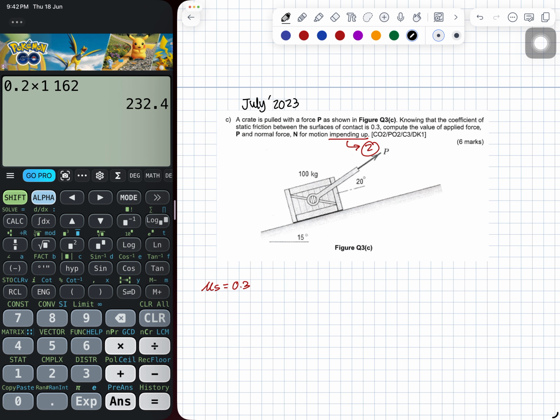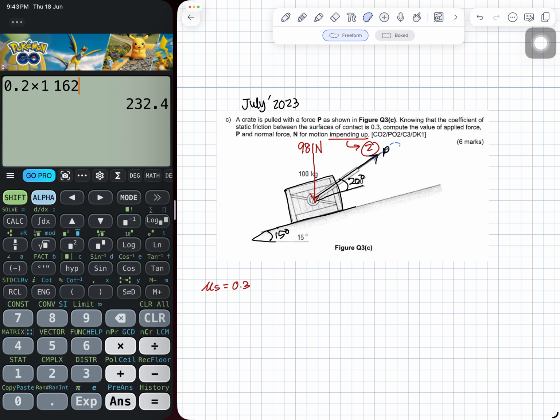First things first, of course, we need to draw the FBD. We have force P directed outward with an angle of 20 degrees. We have a 100 kg crate, so the weight equals 981 Newton.